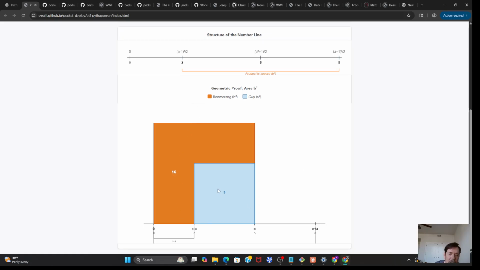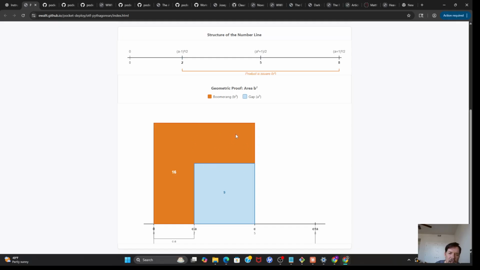Well, if we look at the width of this square that I'm outlining here, it's C minus A. Sorry, not a square, it's a rectangle. The width of this rectangle is C minus A, and that's also the width of this other rectangle. So this rectangle is C minus A times C, because the length is C and the width is C minus A, that's this one.